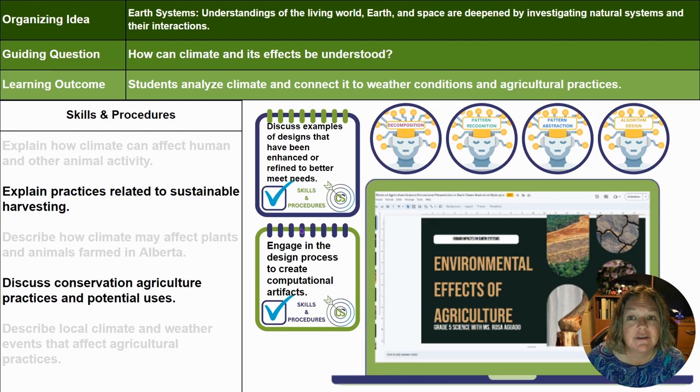Do they do things differently in a different part of the world? Do all people practice these conservation practices? These conversations are all going to be valuable, and also touching into that computational thinking, asking students to create some type of product or artifact. You're also going to be connecting in that design thinking that they're asked to do in grade 5.